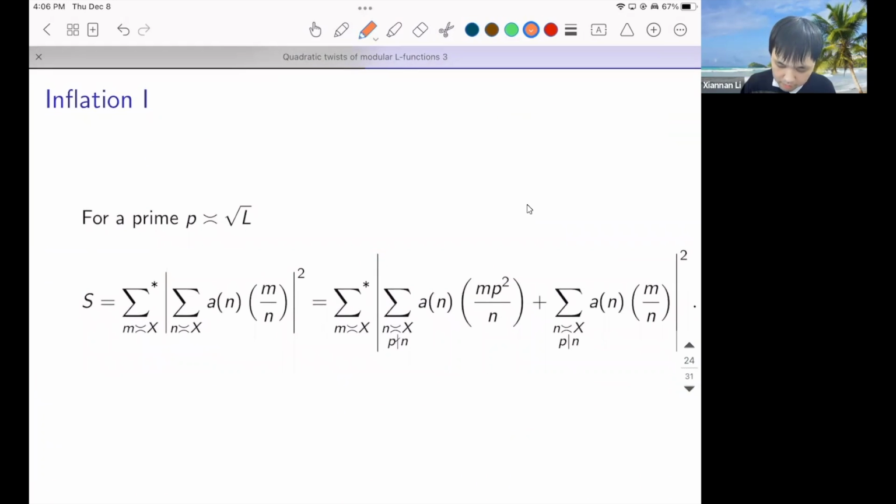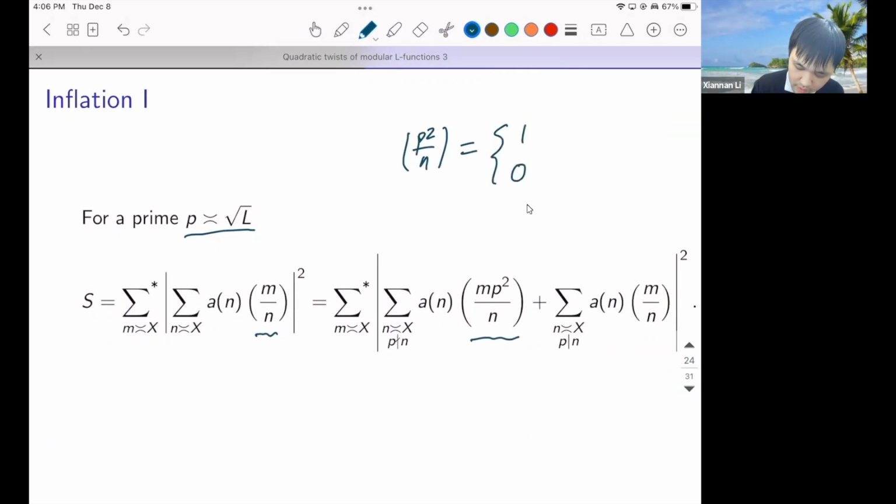We'll start with a prime, p around size root L, and then in my sum, this quadratic character m over n is basically mp squared over n, simply because p squared over n is typically trivial. It's 1 or 0 depending on whether p divides n or not.